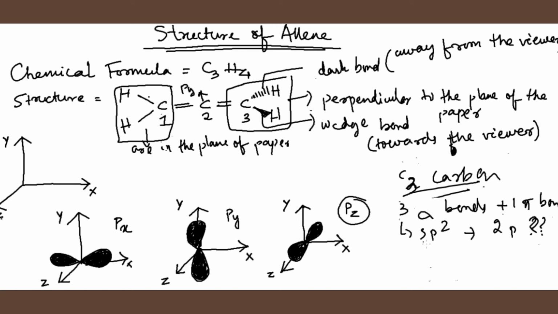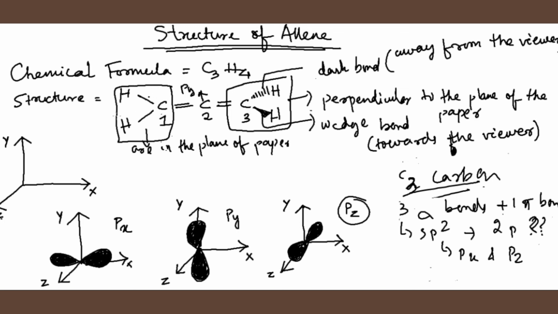Now which 2 p orbitals are left behind? It is px and pz. So px and pz will be involved in the sigma bonding in the C3 carbon. Therefore the bonding nature of the CH here is away from the plane of the paper and towards the plane of the paper, or you can say away from the viewer and towards the viewer.